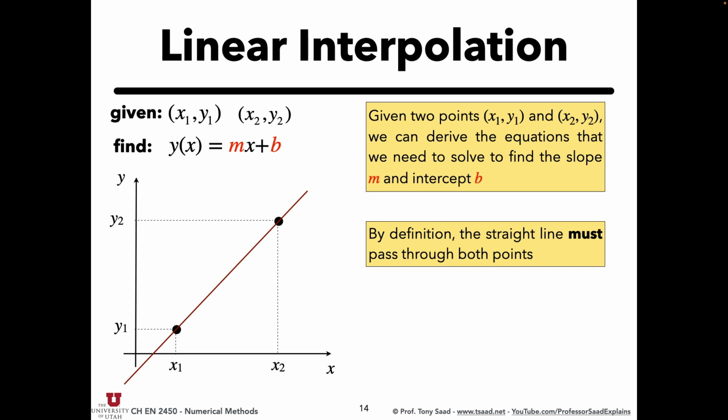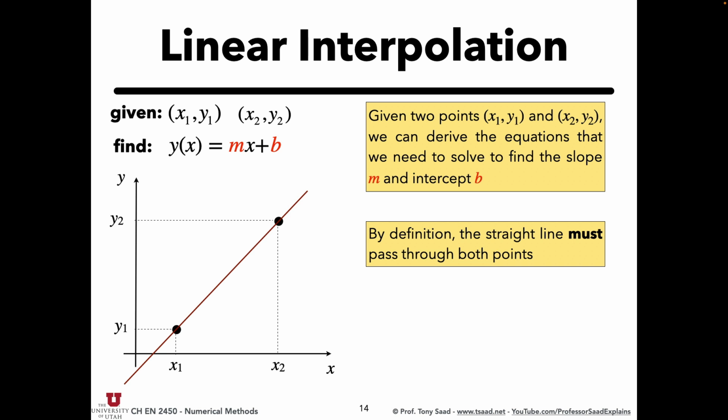So we have two unknowns, m and b. What does basic math theory tell us? How many equations do we need? 2 equations, right? We have 2 unknowns, so we need 2 equations to solve for m and b.